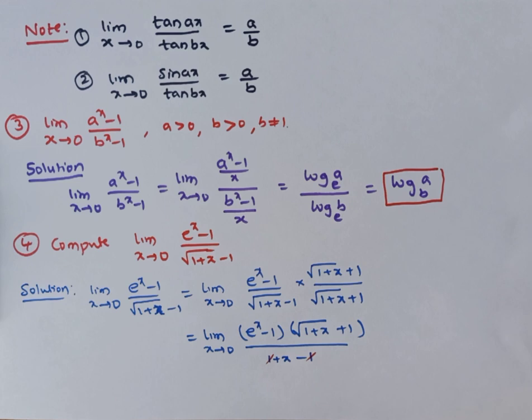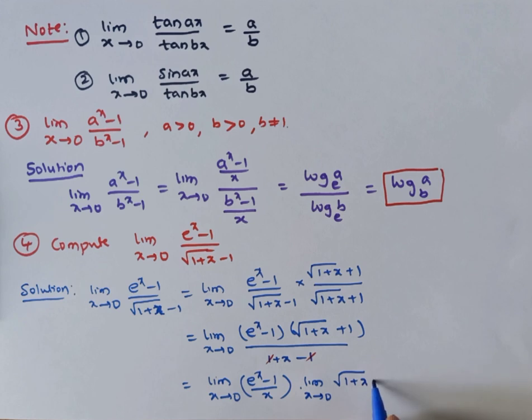Now we can express this in the f of x into g of x form, so that the limit can be written as limit x tends to 0 of (e to the power of x minus 1) by x, into, we need to apply the limit for this function also, limit x tends to 0 of root of 1 plus x plus 1.